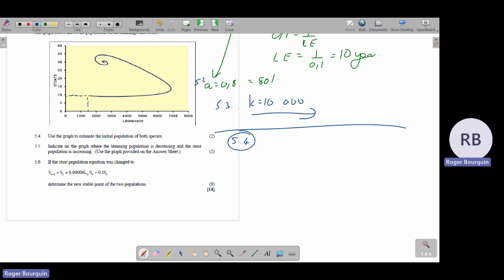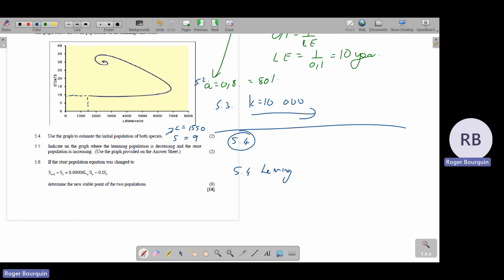I said about 1,500, 1,600. What did you guys write? Okay, so either or. Lemmings is about 1,500. Stoats is about 9, eh?